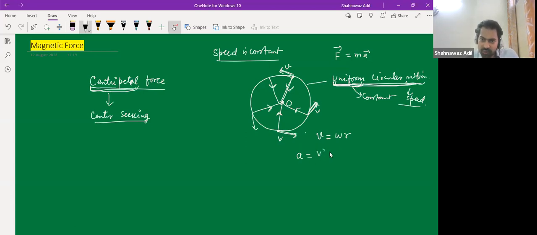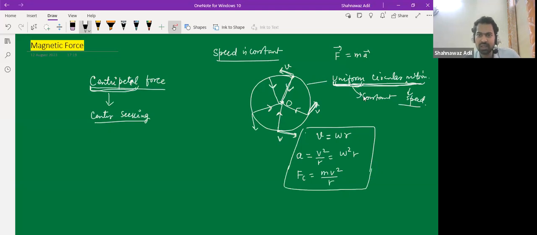Acceleration is v square by r, which is omega square r, and centripetal force is m v square by r. So this is what we call the uniform circular motion.